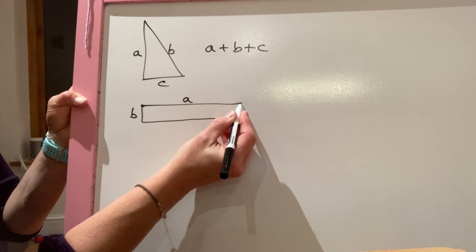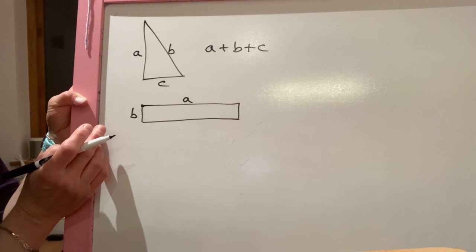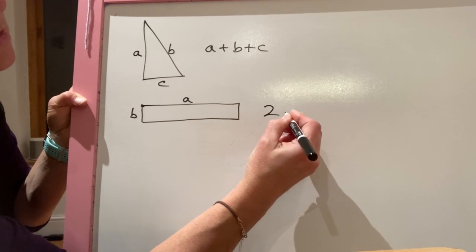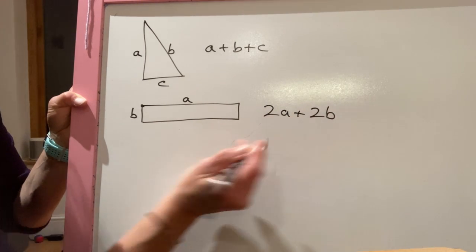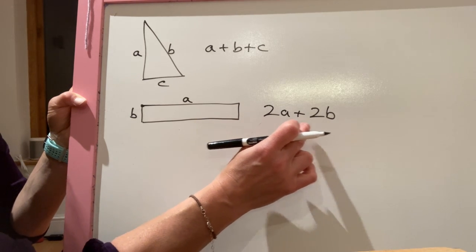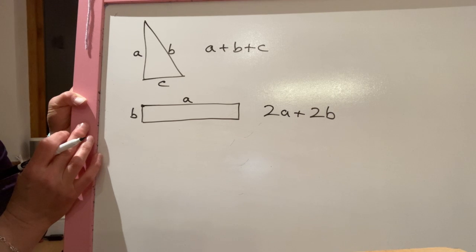So A and B and A and B. We've got two A's and two lots of B. Rather than writing A plus A plus B plus B, we can write it in this shortened way.